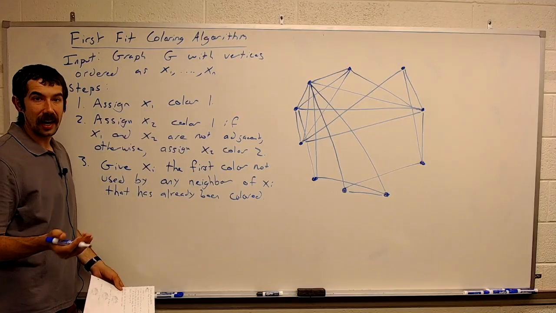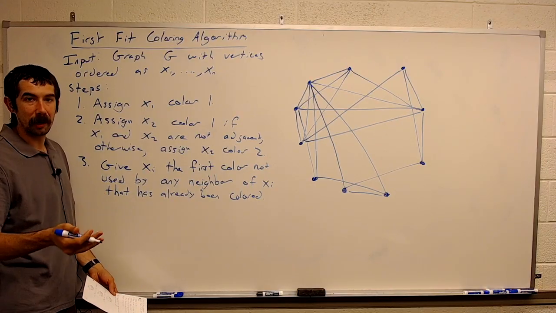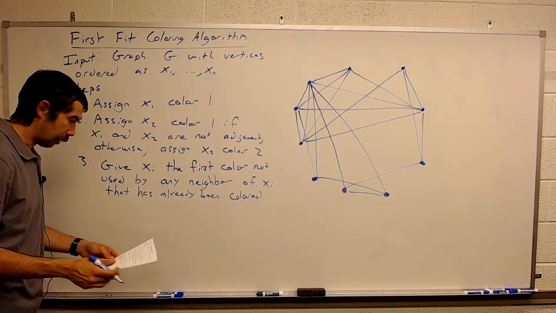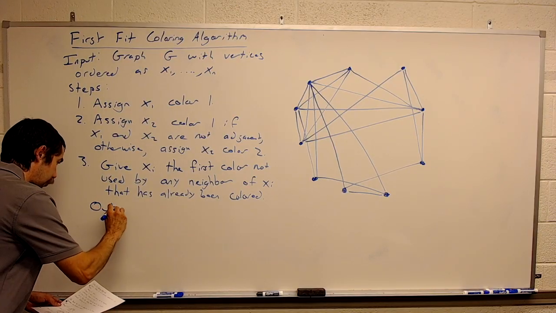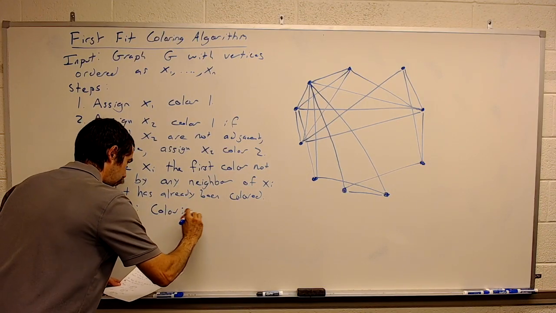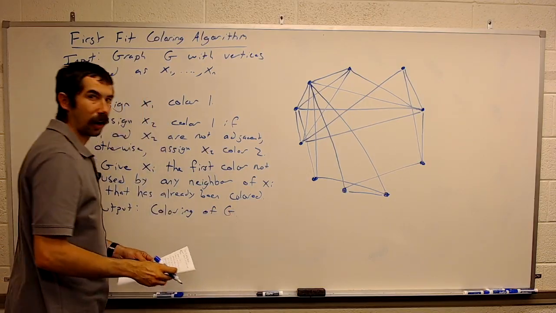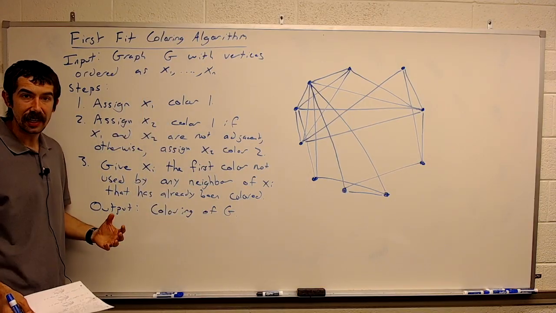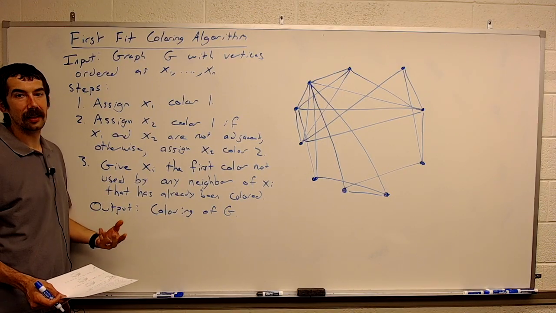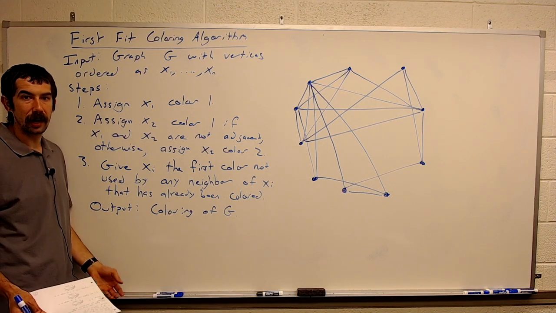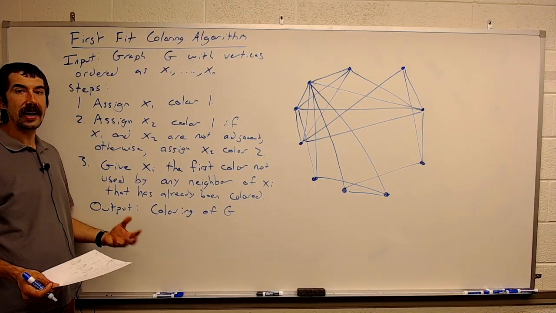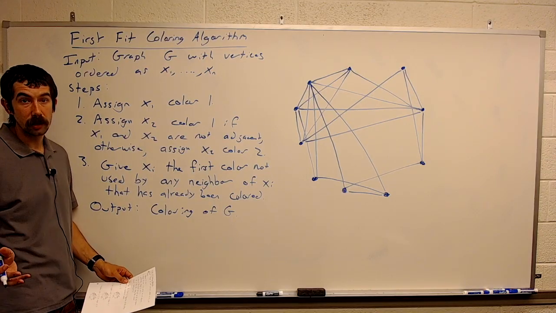So if xi has neighbors that are colored 1, 2, 3, well, then we're going to color xi 4. The output of this algorithm is a coloring of our graph. It's not guaranteed to be a minimal coloring. There might be ways to color it more efficiently with fewer colors, but this is a very easy algorithm to run. Finding a minimum coloring is hard.